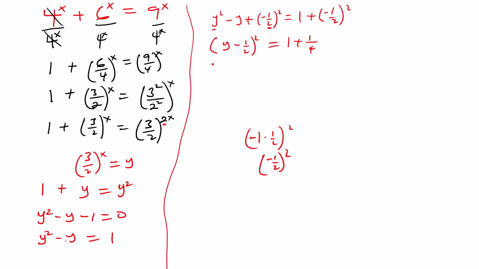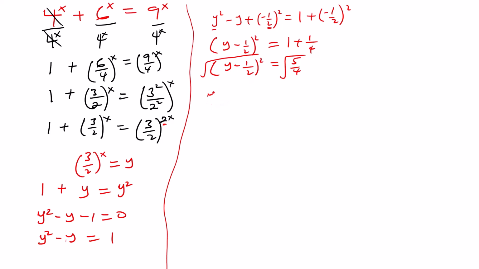So my next step will be y minus half squared equals 5 on 4. Okay, so let's go ahead. We can take the square root on both sides.